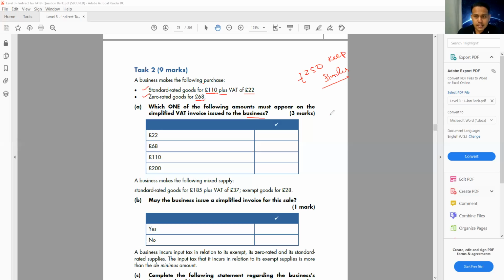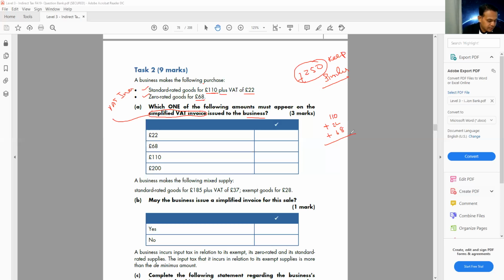So how much will be the amount here? We have 110, and a simplified invoice is always VAT inclusive. Remember, simplified VAT invoice always VAT inclusive. We have 110 plus 22, and you have zero rated 68. So how much will the total be for the simplified invoice?